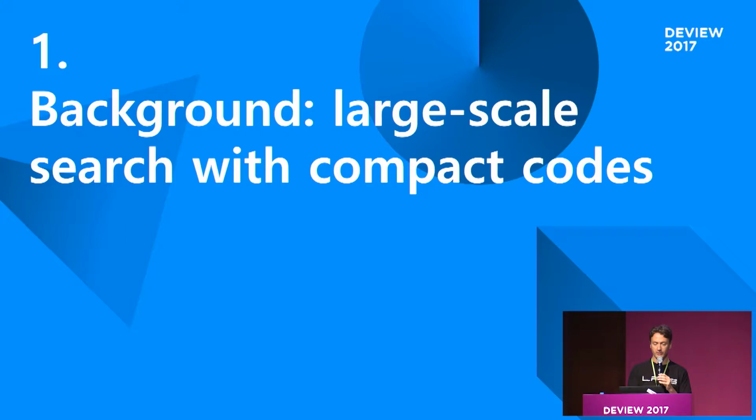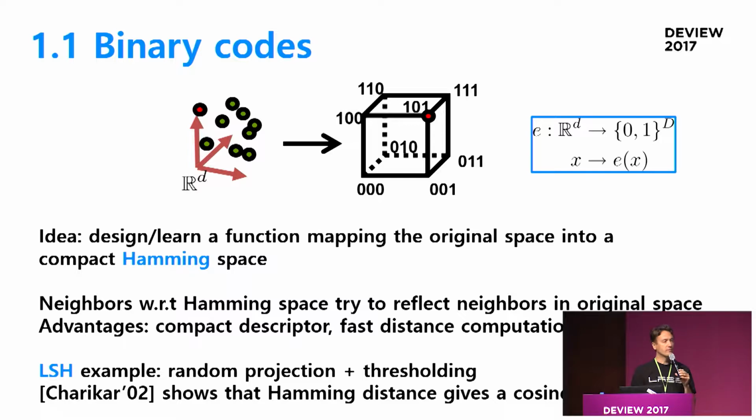So first, let me give you a bit of background about the two main families of techniques that exist for data compression. The first family of techniques are binary code techniques. The idea is to design or to learn a function that maps your original space, here on the left, into a compact Hamming space.